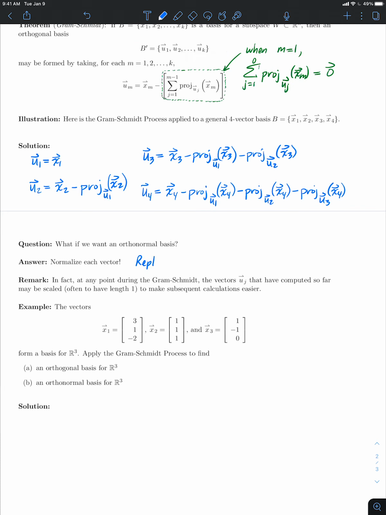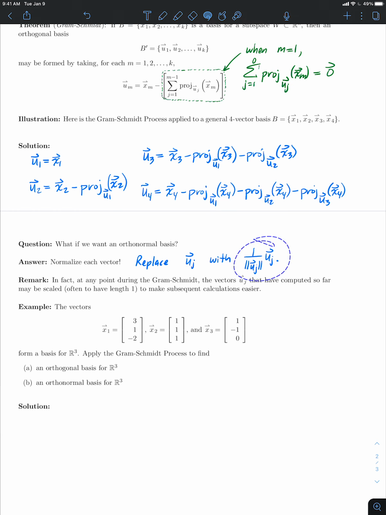In general, we'll replace uj with 1 over the norm of uj times uj. Do that with each of the vectors you computed using the Gram-Schmidt process, and that'll turn an orthogonal basis into an orthonormal basis.